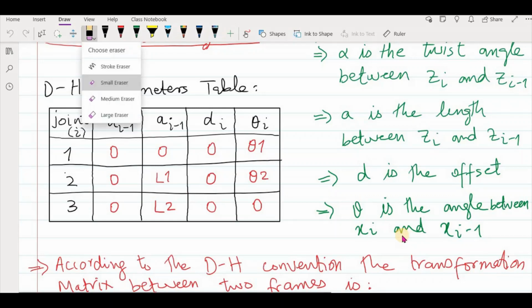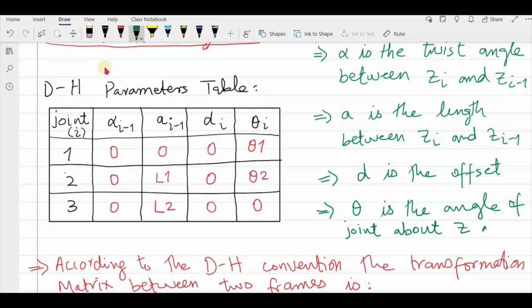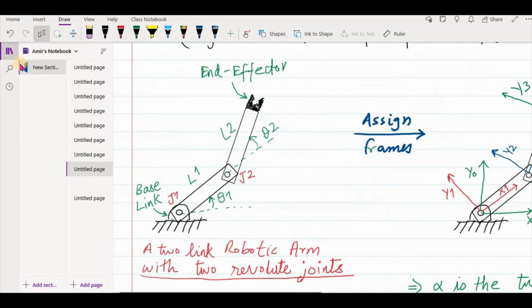The actual statement will be like this: theta is the angle of the joint about the z-axis.